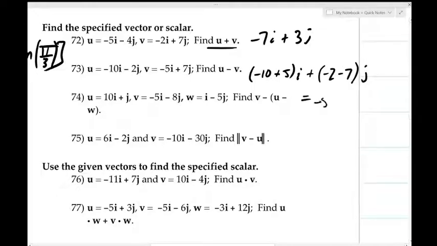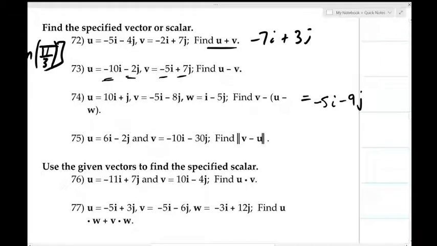That all equals negative 5i minus 9j. Okay, so the first i component minus the second one, and then the first j component minus the second one. So we get negative 5i minus 9j.